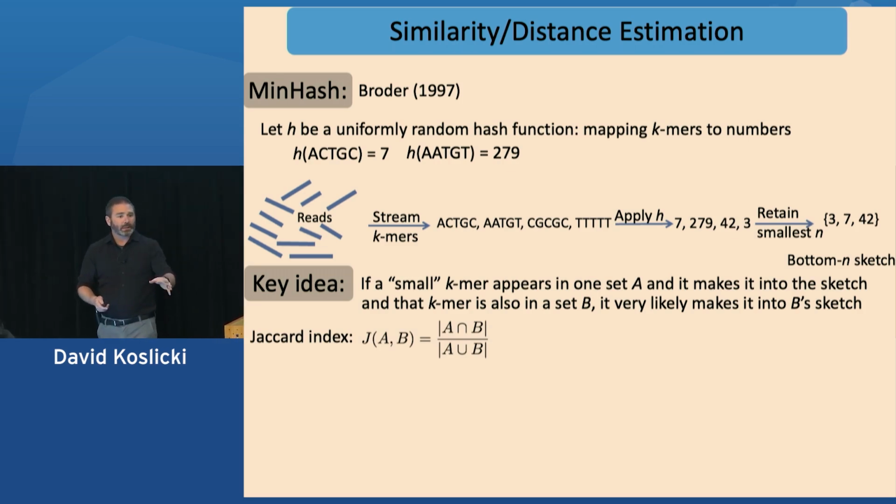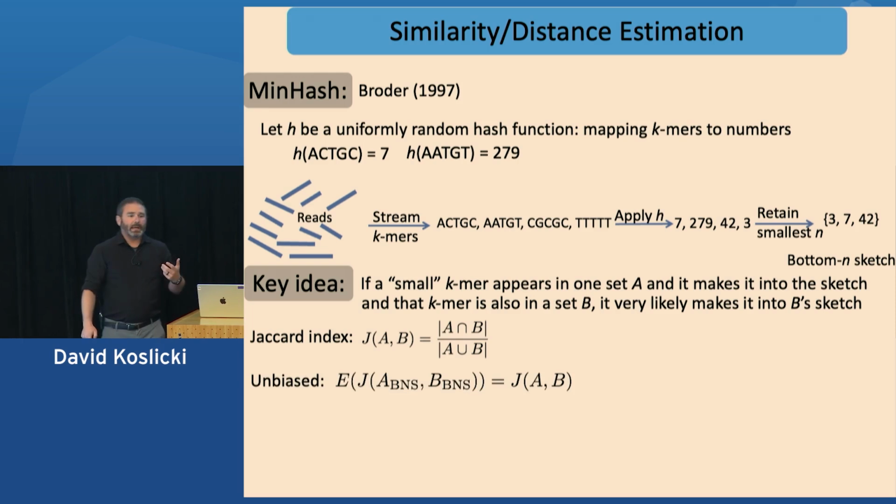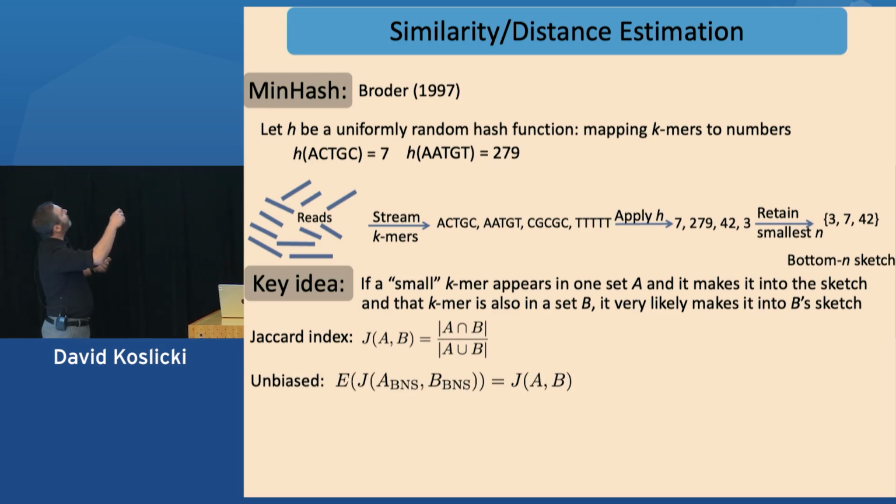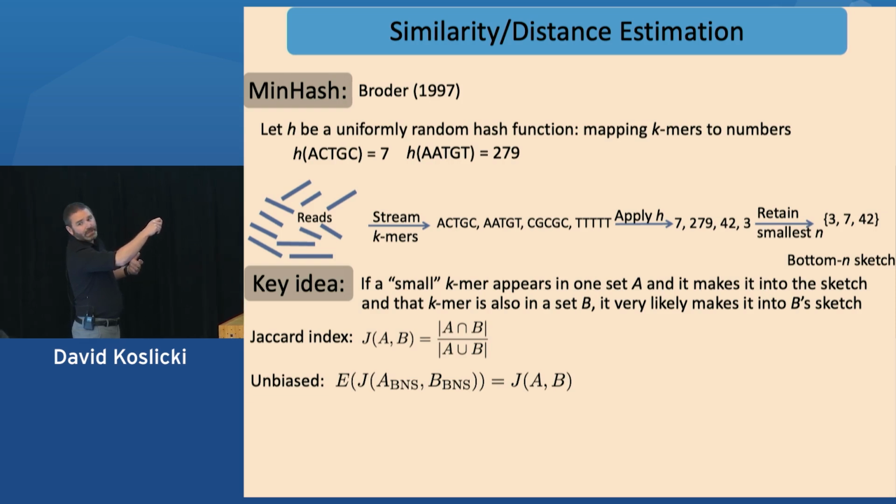Recall that Jaccard index is the size of the intersection of two sets divided by the size of the union. You can prove that averaging over the different hash functions that you use, the Jaccard index of the bottom n sketch of these two sets is the same as the Jaccard index of the original two sets.